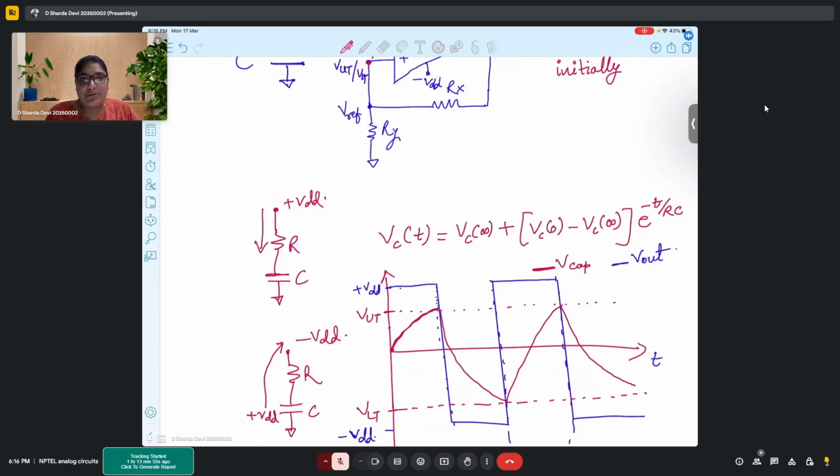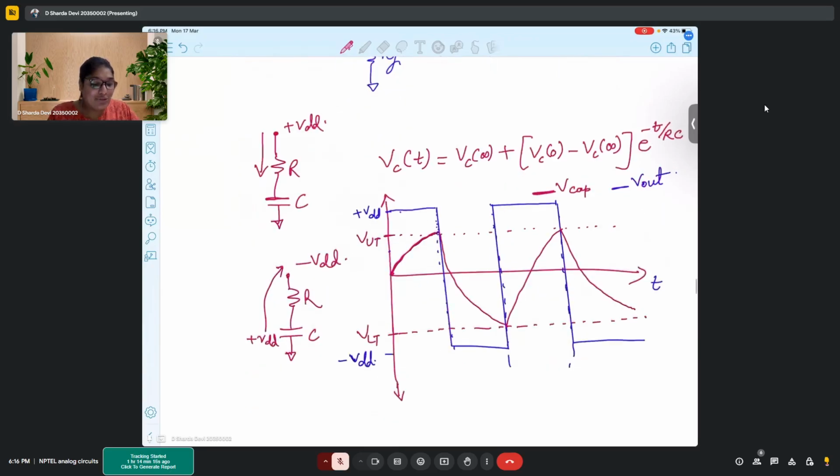If we tweak the RC values a little, we can get a somewhat exponential looking wave from the capacitor charging and discharging terminal, and at the output we are getting a perfect square wave. So we can get two waveforms from this circuit which are non-sinusoidal, right? That's why this is a non-harmonic or relaxation oscillator.